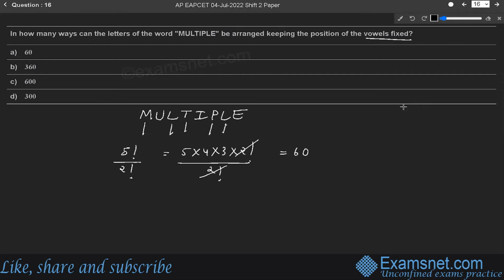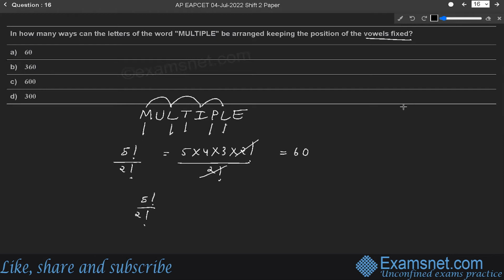See, this is only for when we are counting the consonants and repeating the L. Similarly, if the consonants are replaced by other consonants, then there will be another possibility, which is 5 factorial upon 2 factorial, because we know that L is repeating again and all the consonants can be moved from one position to another.